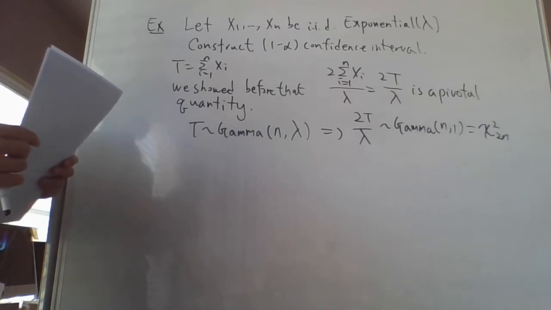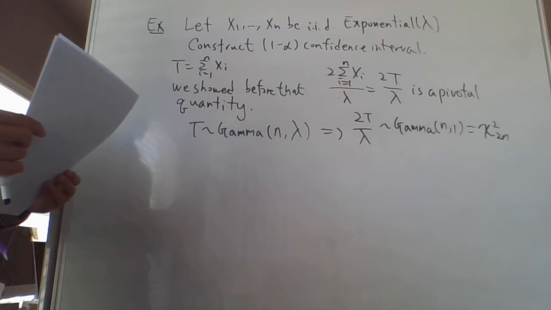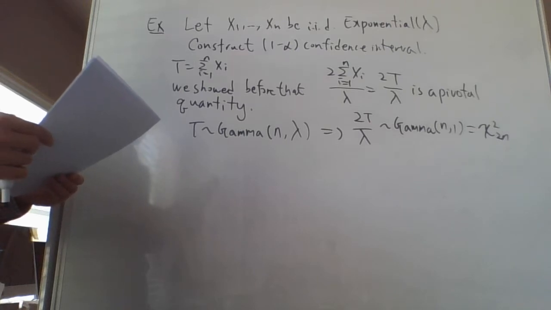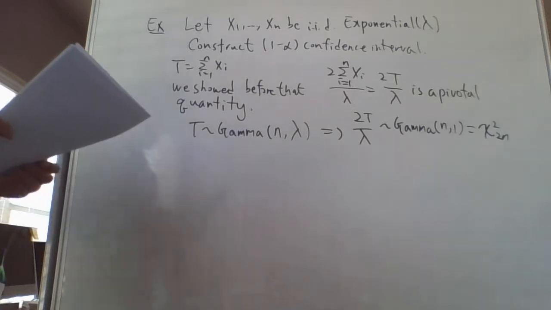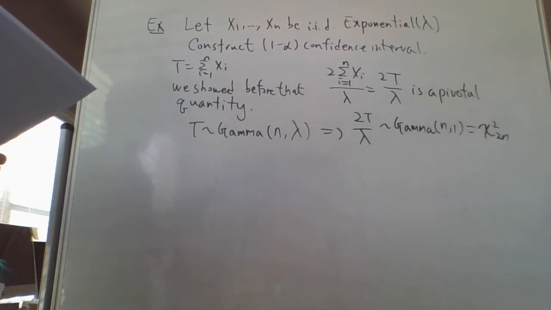Remember that the chi-square distribution is a special case of the gamma distribution, and this gamma distribution is the chi-square distribution with 2n degrees of freedom.